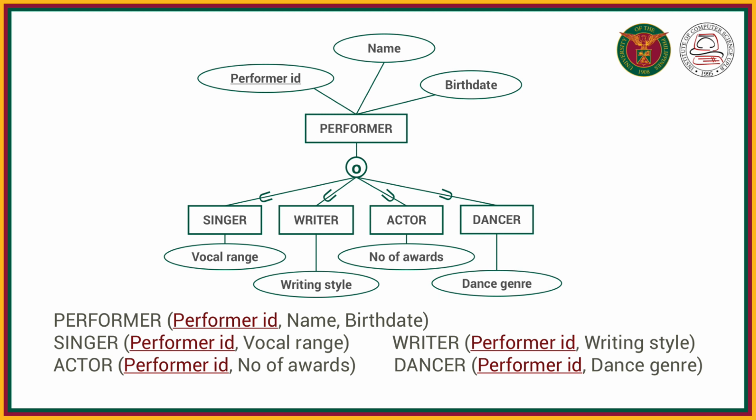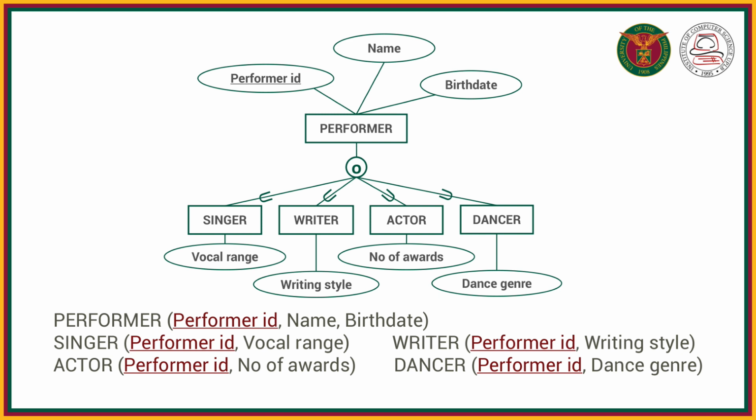So what we can do is define a relation from the superclass. So we have performer, and then we get the attributes: performer ID, underlined, this is our primary key, the name, and the birth date. And for each of the subclasses, we will declare a relation.